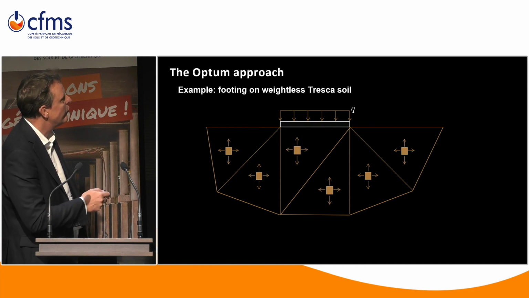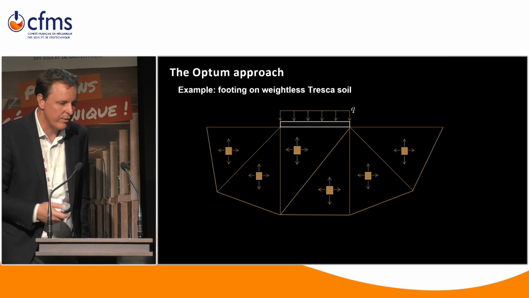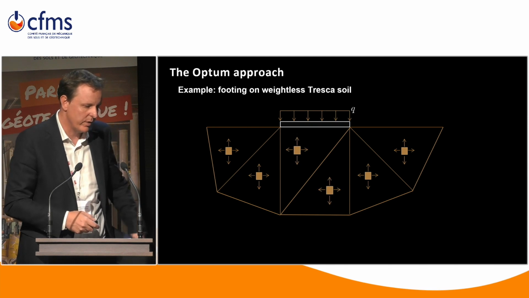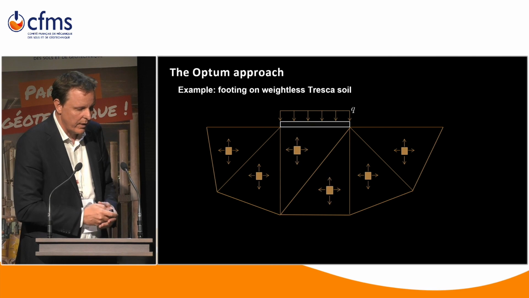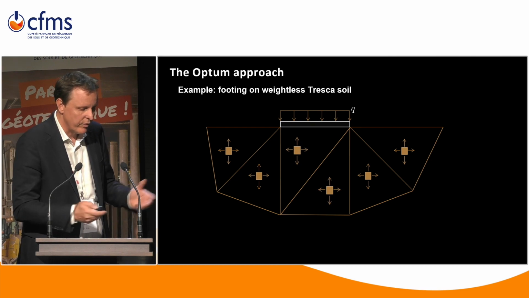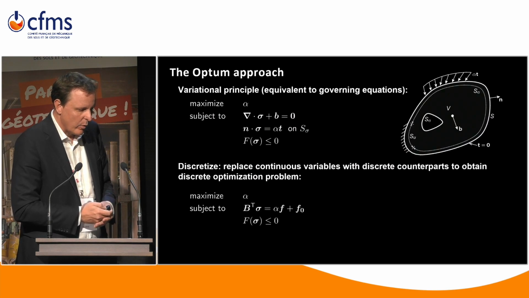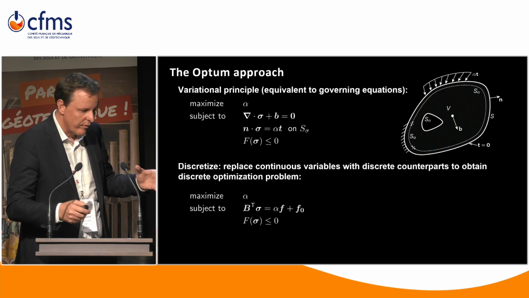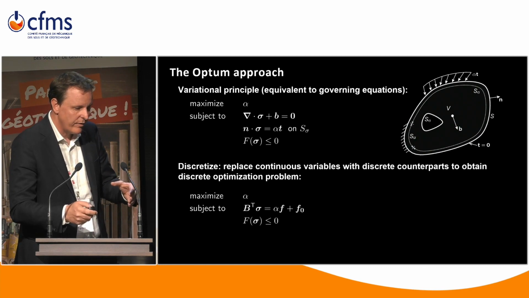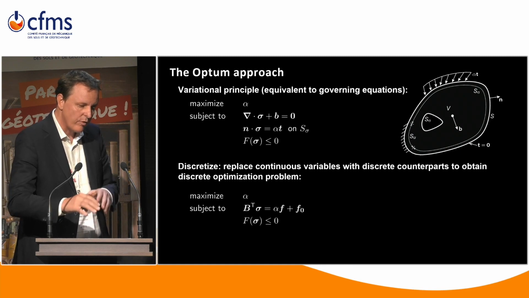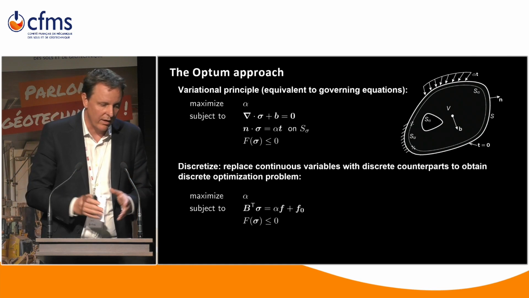You can then, of course, discuss, do you want constant stress distributions or do you want linear stress distributions? In practice, you do want linear stress distributions in order to be able to basically account for soil weight, but it's not a big deal to do. The equations, of course, become a little more complex, but at the end of the day, what you do is you take your continuous field, which is your stresses, and replace them by discrete counterparts that typically are interpolated over triangular finite elements.